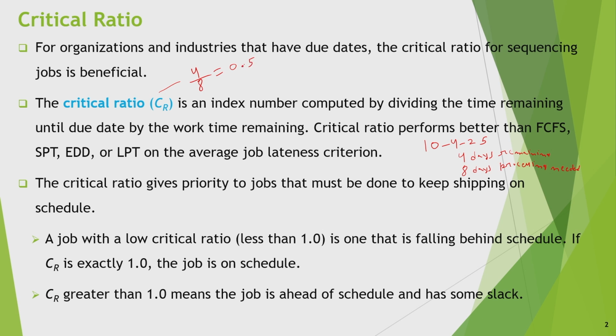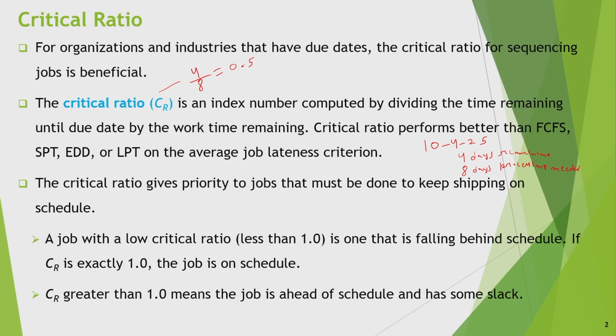Critical ratio performs better than the first come first served method, FCFS, SPT, EDD and LPT on the average job lateness criteria. SPT means shortest processing time, EDD means earliest due date, LPT means longest processing time.